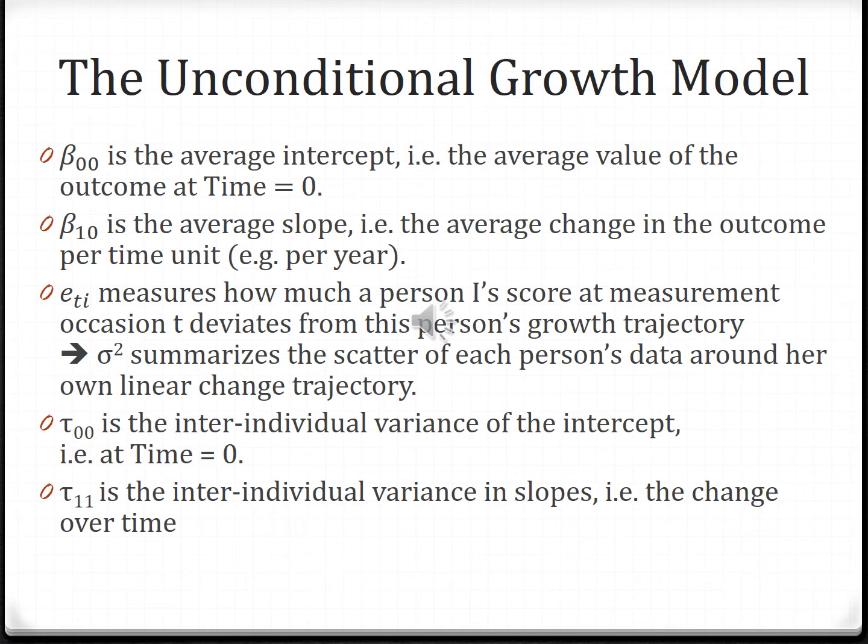How much variation is there? And tau 11 is the variation around the slopes. So how do people differ over time? How much is there going on on average? They're changing, let's say, by taking 100 steps more per week. But how much is there going on in terms of variance in that change over time? So those are the interpretations of those individual parameters.